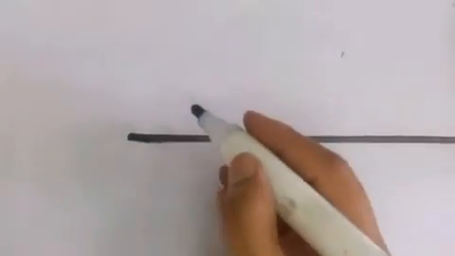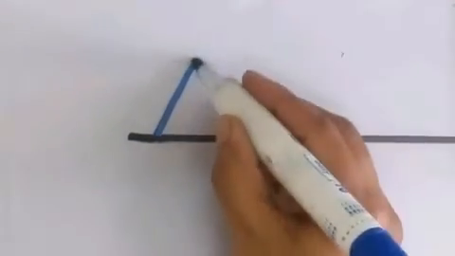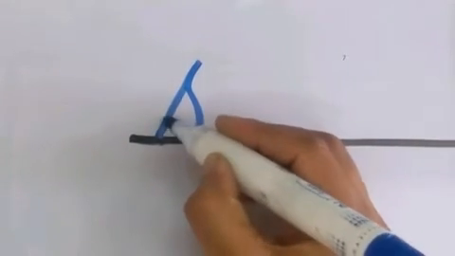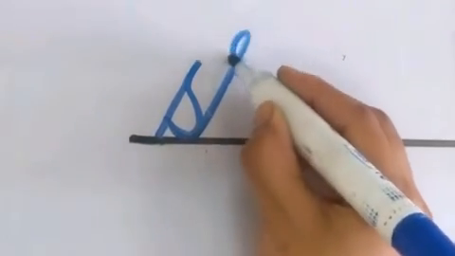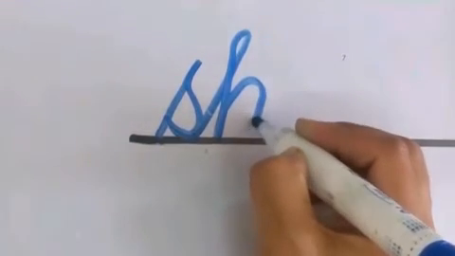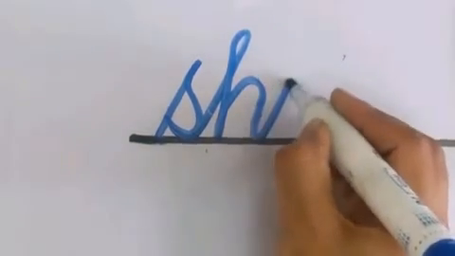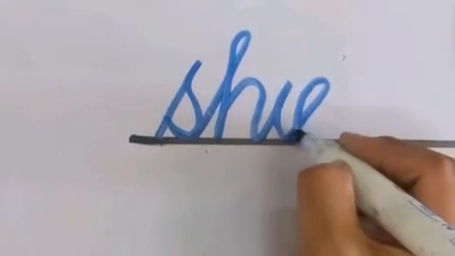Okay, let me write another word for you. I'm writing shield. There should be proper distance, the loop should be good. Formation should be accurate.